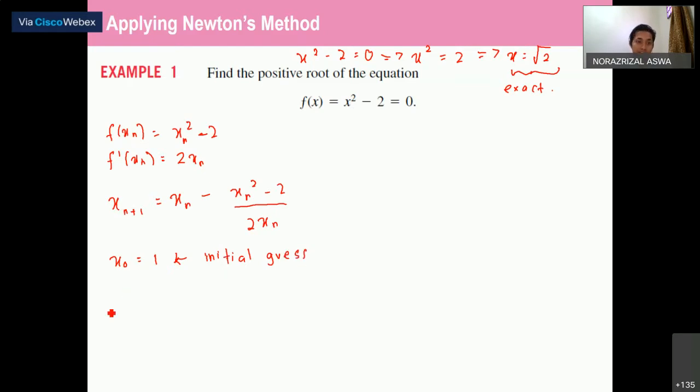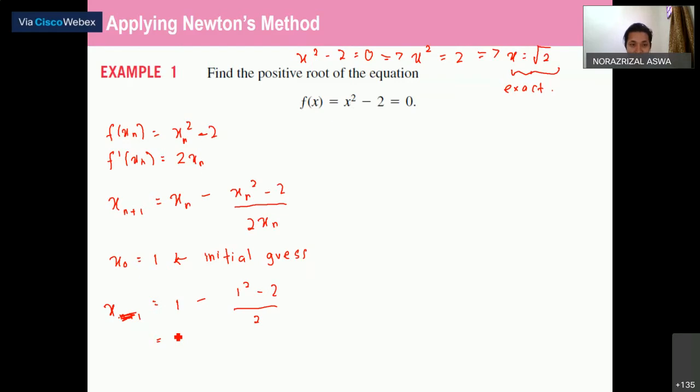Next we are going to plug in. We have x_{n+1}, and now our n is 0, so we have x_1 equal to x_0 minus (1 squared minus 2) over (2 times 1). And then what's the value? Can you compute it for me? Because I don't have a calculator.